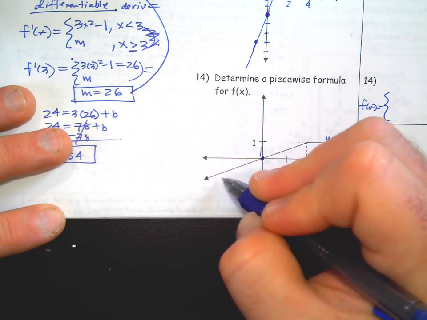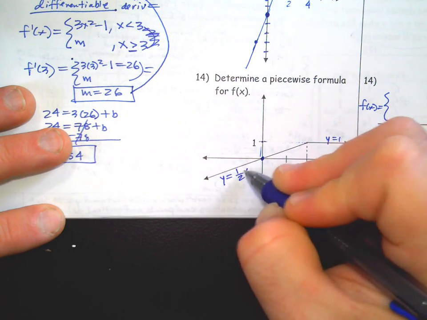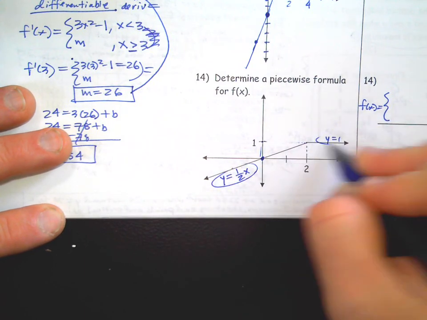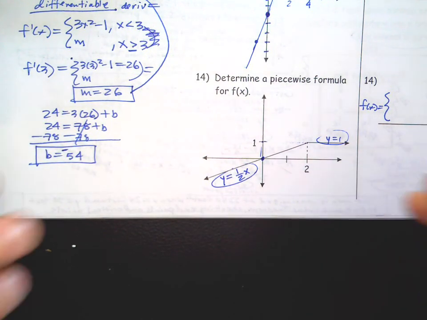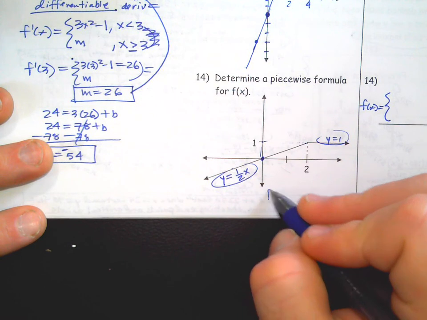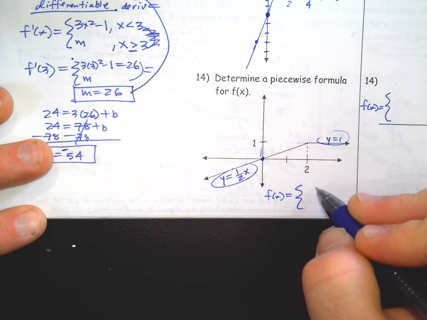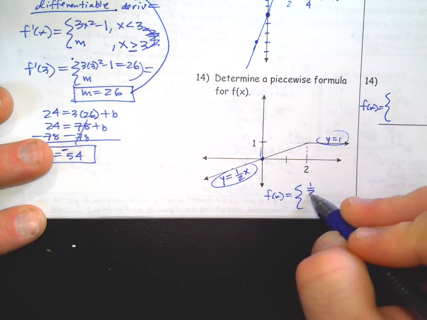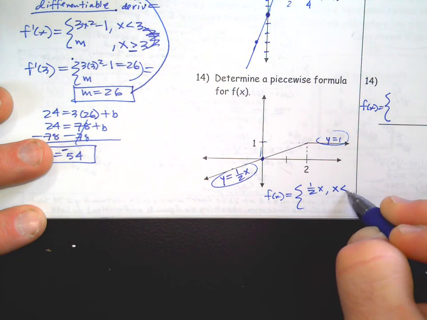So the equation of this is going to be y equals 1/2 x, and the y-intercept is 0. So this one's kind of easy. So we're going to say that f of x equals, and usually you go left to right. So the first chunk is going to be 1/2 x. Don't put the y equals in here, okay? And that's for x is less than 2.